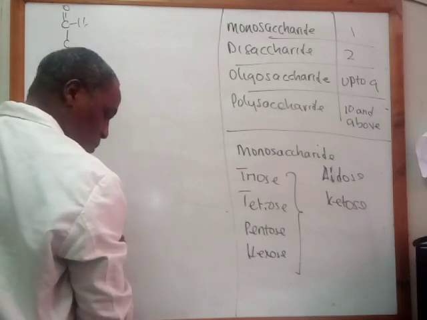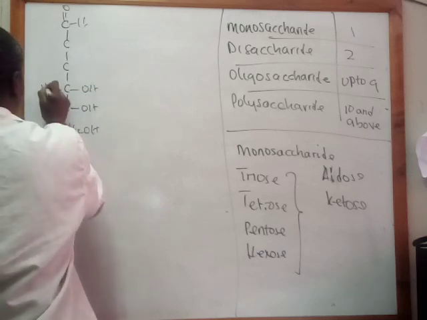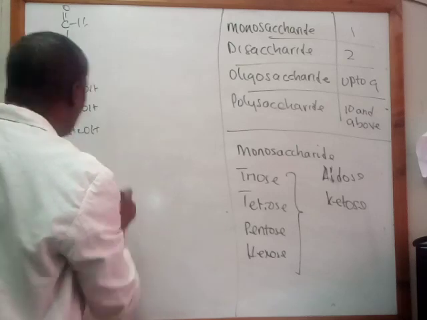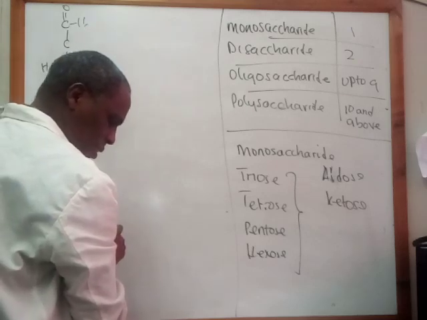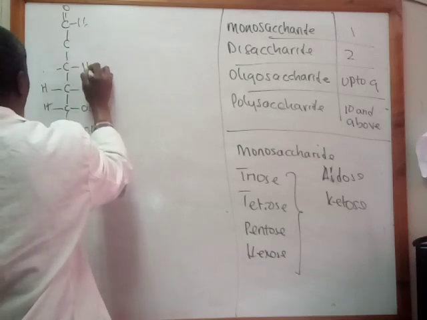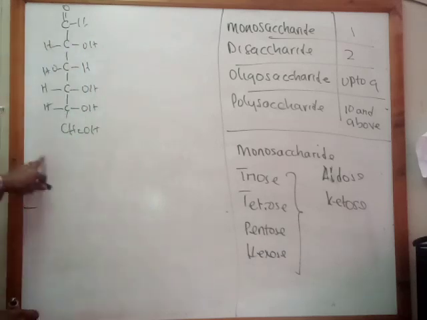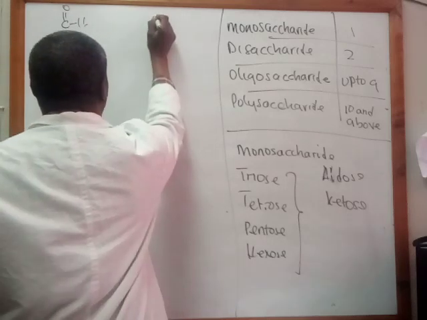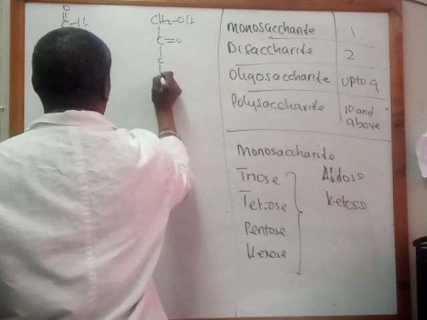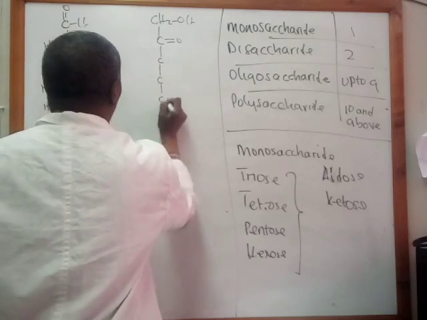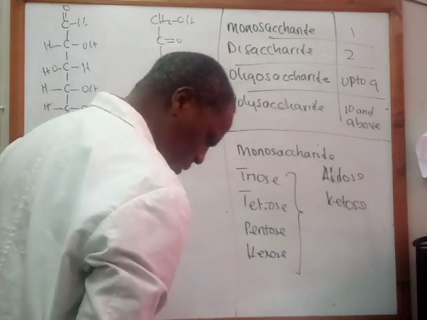Now 1, 2, and then let me put a hydrogen. So there is that one, and then the other one is 1, 2, 3, 4, 5.